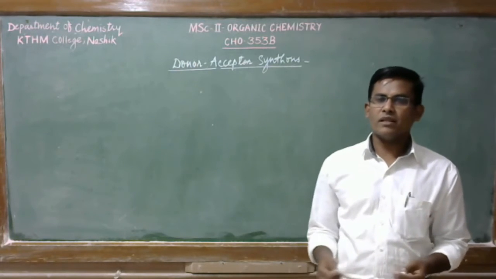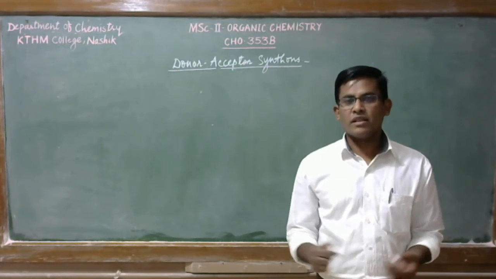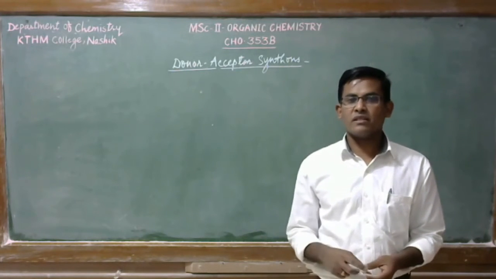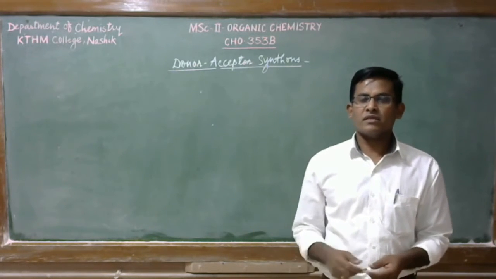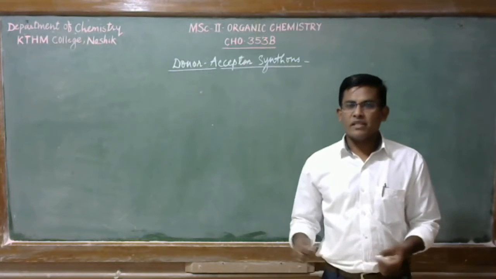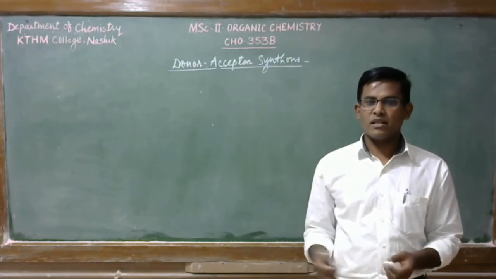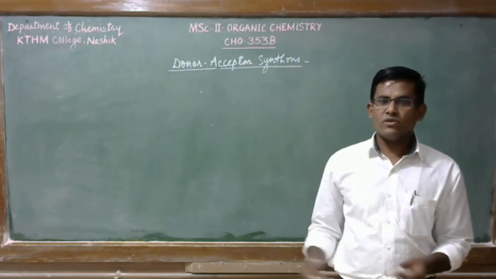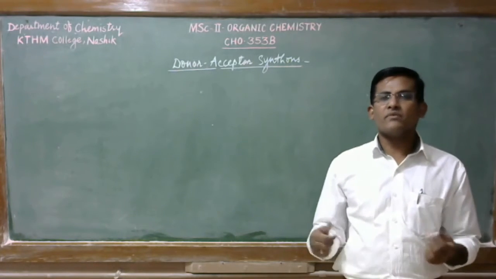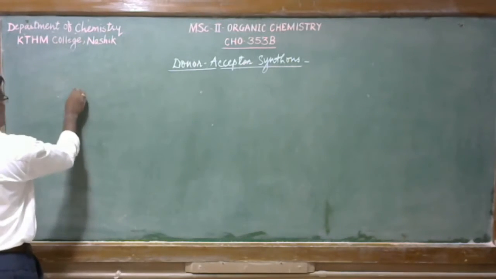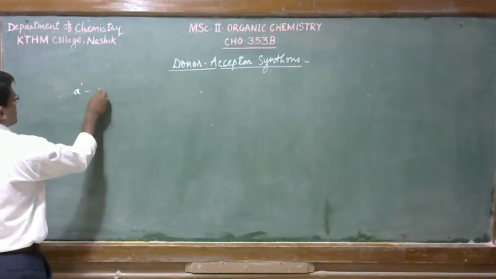For example, we have seen the synthon A2, that is equivalent to epoxide. Then one of the synthons was A3, that is equivalent to an alpha beta unsaturated compound, that is a Michael acceptor. Recently we have seen the A1 synthon.